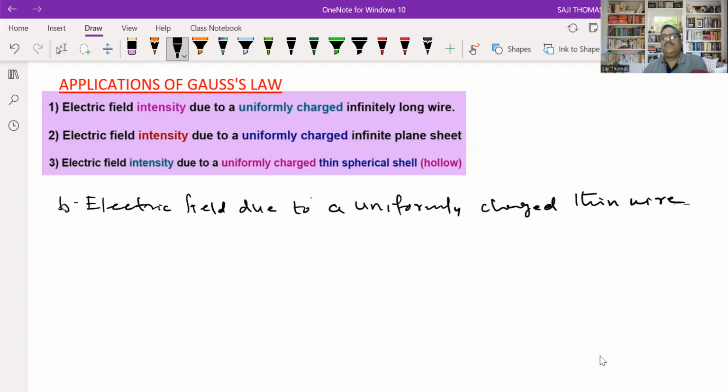Okay, so let us consider an infinitely long, uniformly charged thin wire. The wire is very long. It is uniformly charged. It is thin. Let me draw the wire here. See, this is the wire. Okay, it is uniformly charged.